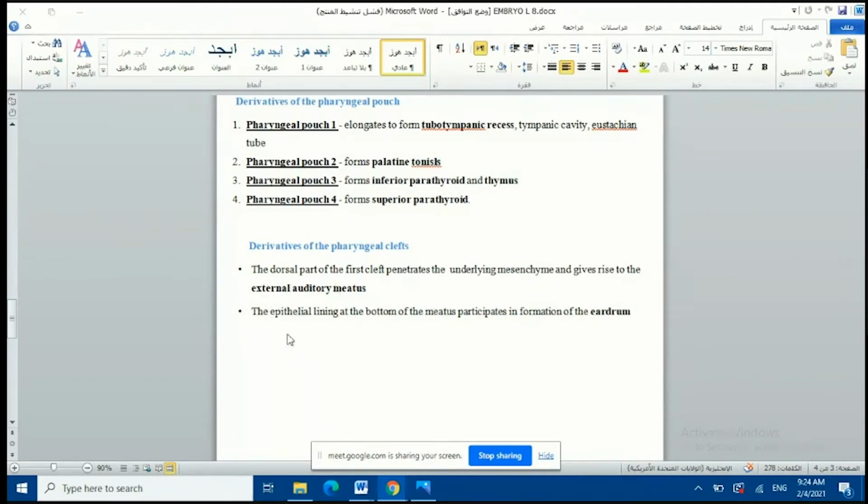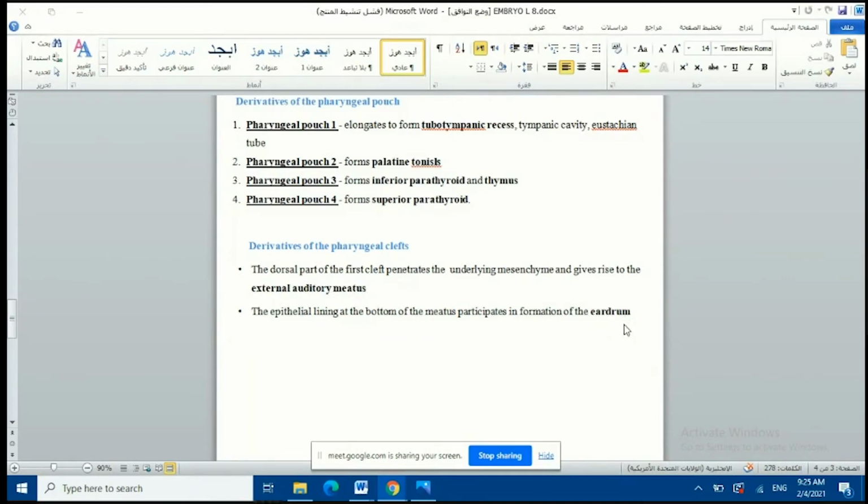And also the epithelium that is lining the bottom of the meatus will participate in the formation of the eardrum. Okay, so the epithelium that is lining the external auditory meatus will participate in the formation of the eardrum.